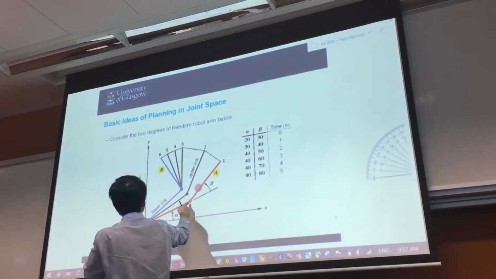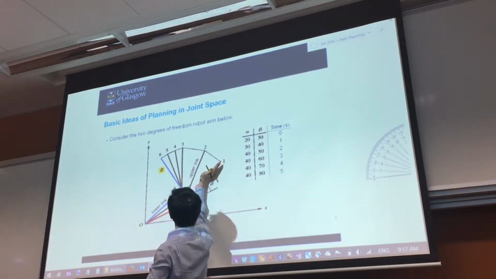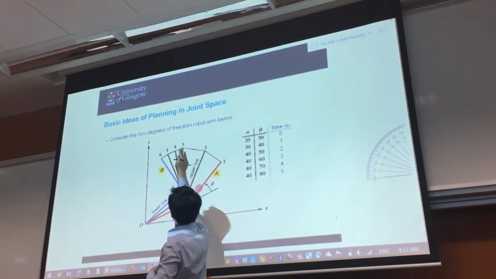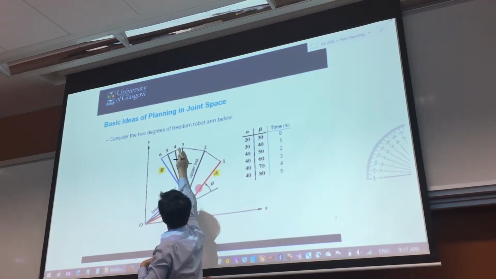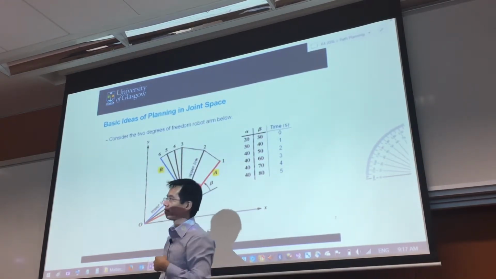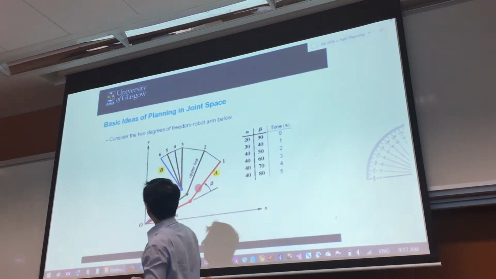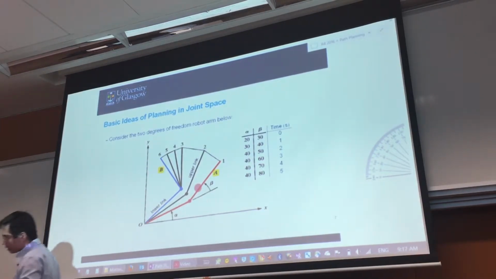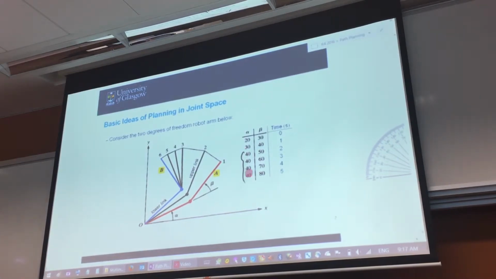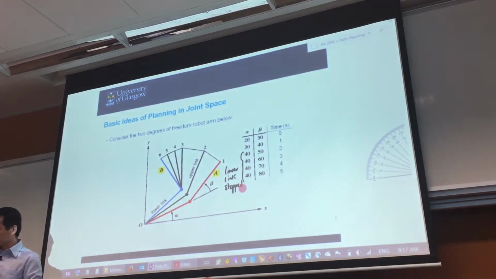In the meantime, my upper link would move in steps of 10 degrees, 1, 2. Since it's not there yet, you continue to move 10 by 10 by 10 degrees. So you can see that this lower link doesn't move at all. The lower link stopped, and the upper link will continue to move in steps of 10.